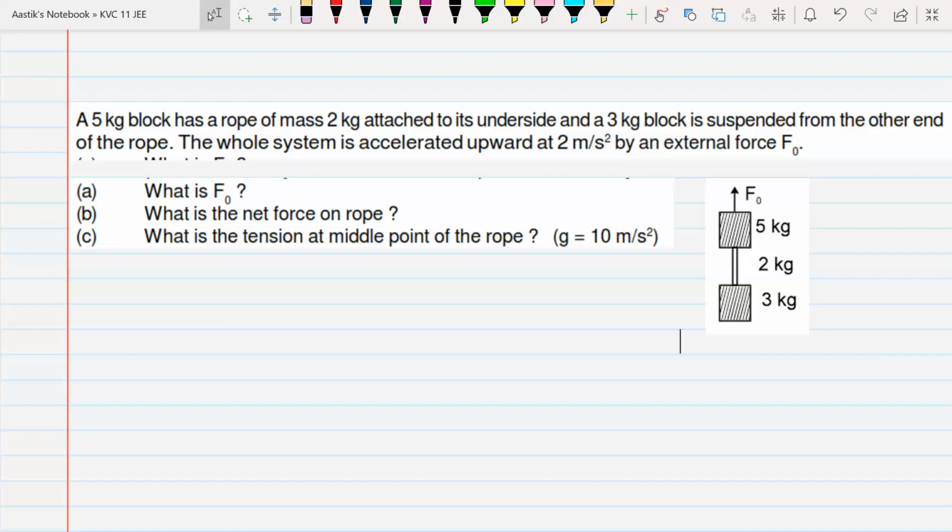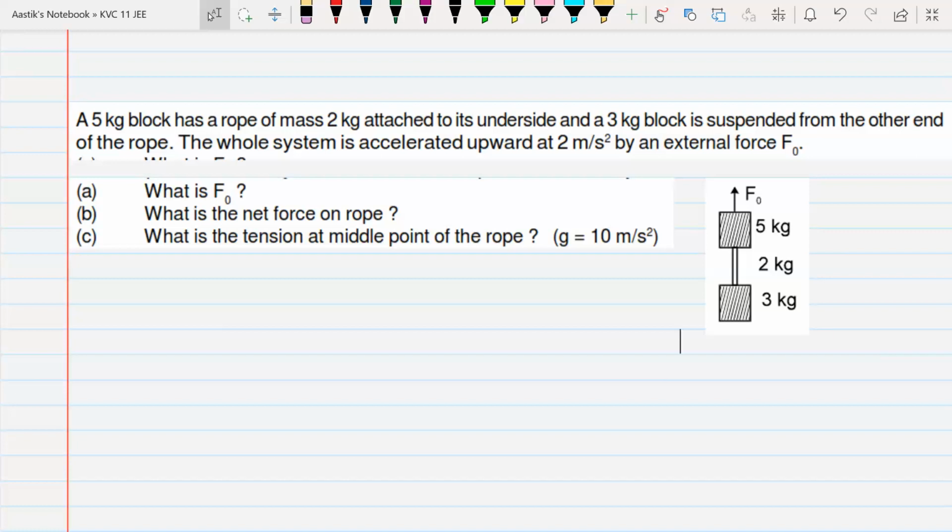I don't know whether this is right or wrong. It may be wrong. There may be a printing mistake. Tell me what your answers are, my dear friend. 40 newtons. Okay.